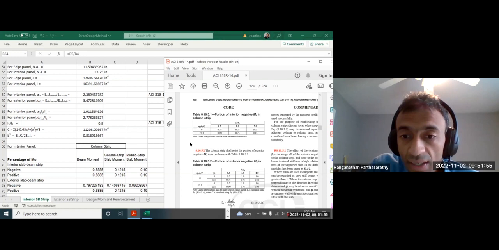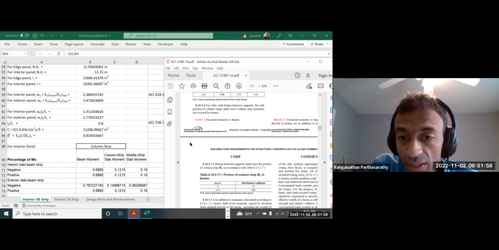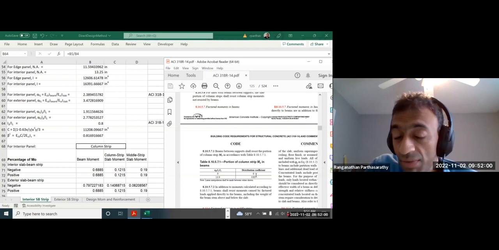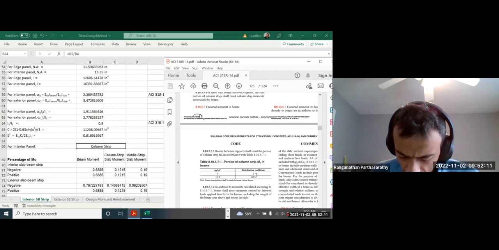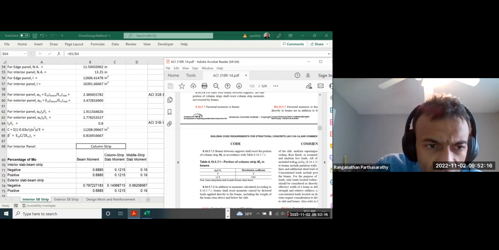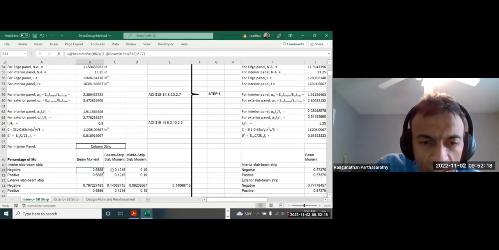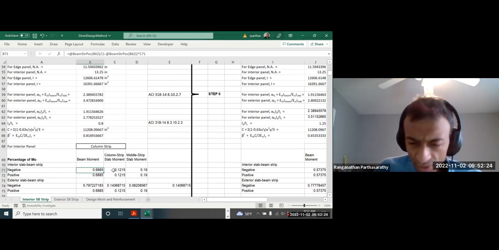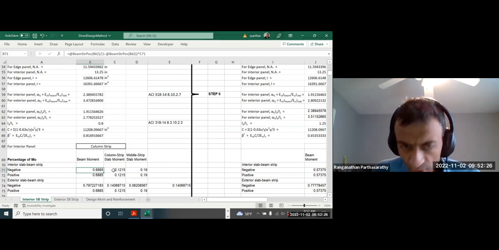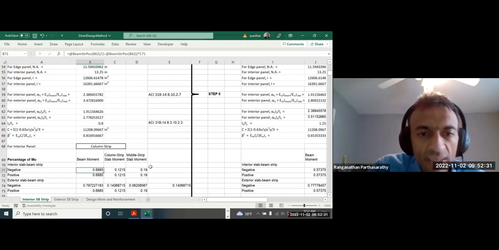Now, out of that, how much is going to the beam? Greater than 1 means 85% is going to the beam. So 85% of 81%, 0.6885, is going to the beam. And how much is remaining? 15% of 81% is going to the column strip, only the slab part. So 15% of 81 is 0.1215.